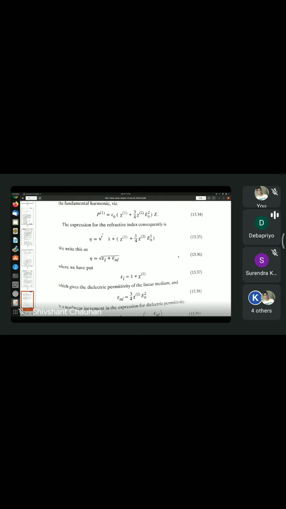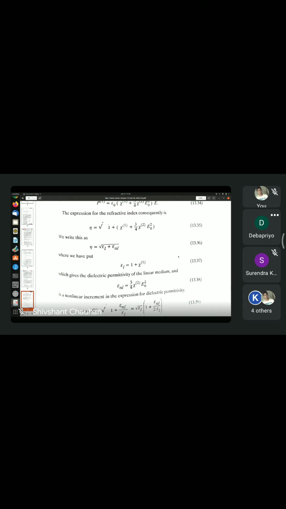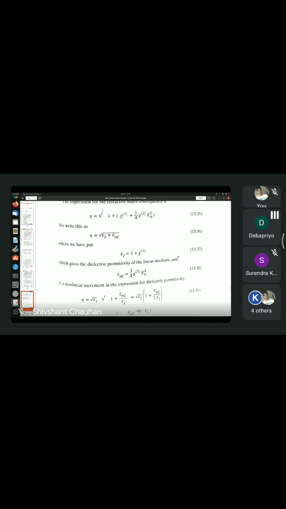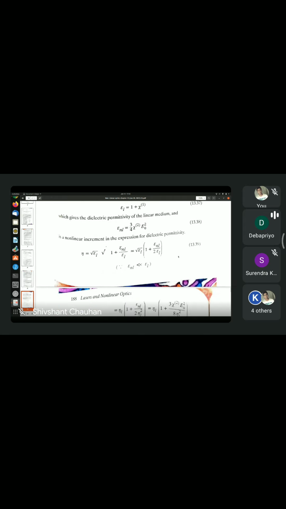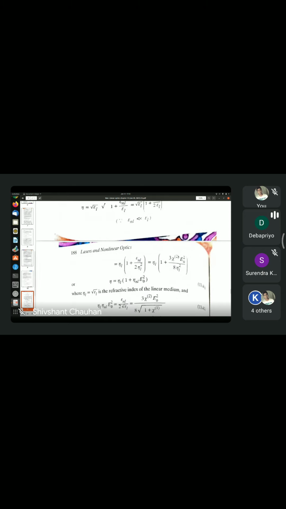Okay, so let us move to the next equation. So they write it out. This is just simple algebra. You can follow this. Because epsilon NL is very small compared to epsilon L, you can expand the square root and write like this. So just move to the next page. Yeah. So then they are writing.